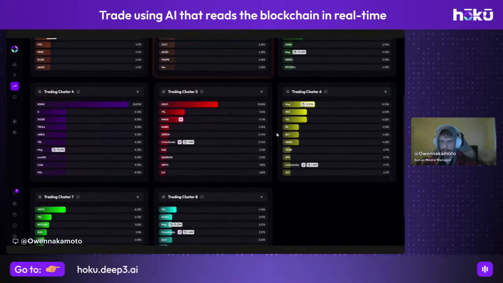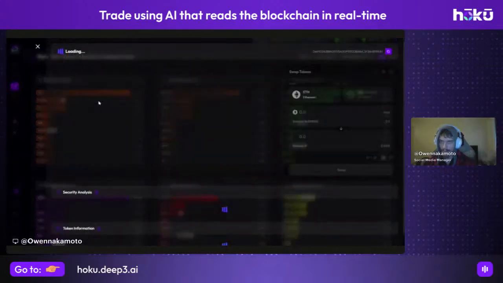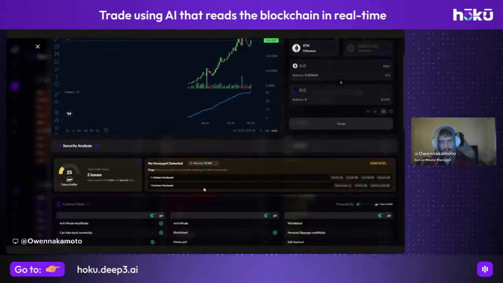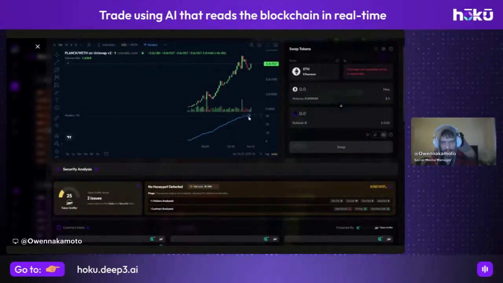Are there any new rocket ships? Plank. I'm not liking the look of this one though. Seems like a honeypot.